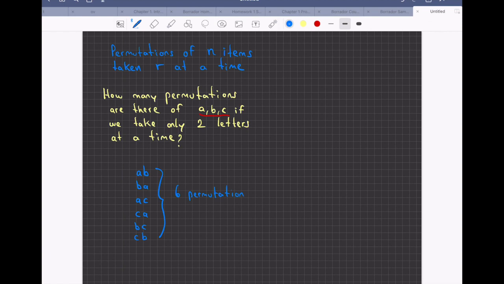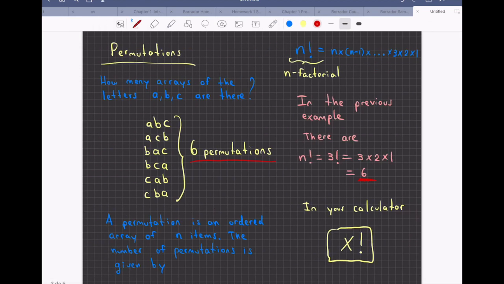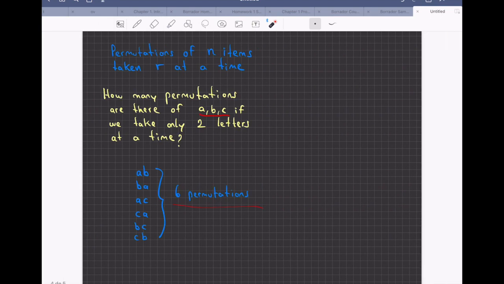Yeah, I know, maybe you see that it's the same as before, right? But it is only a coincidence. I mean, it's not the same concept. That's my point. So in this case, we have 6 permutations. And the same as before, it's not going to be very important what the permutations are, but how many.